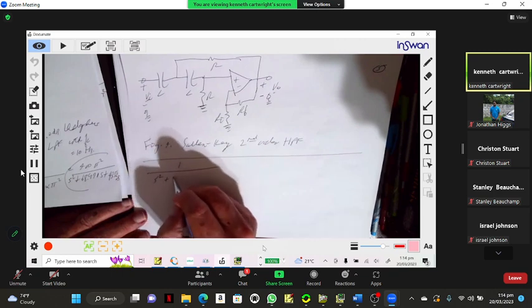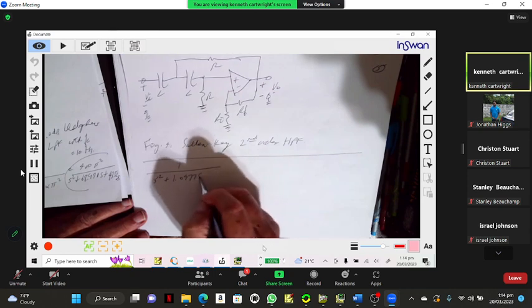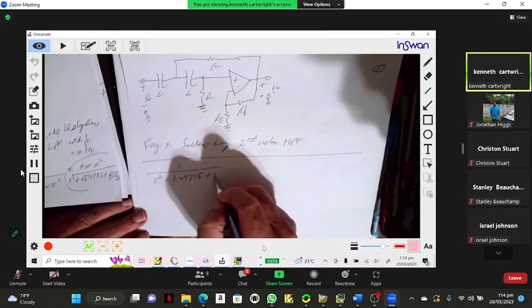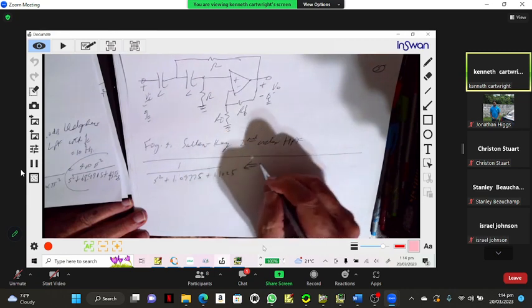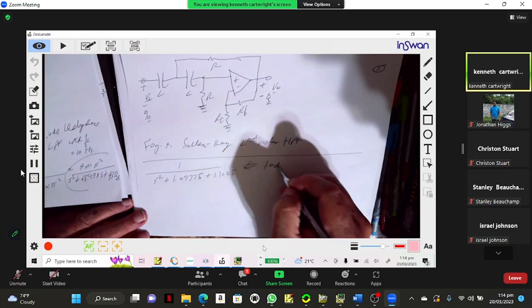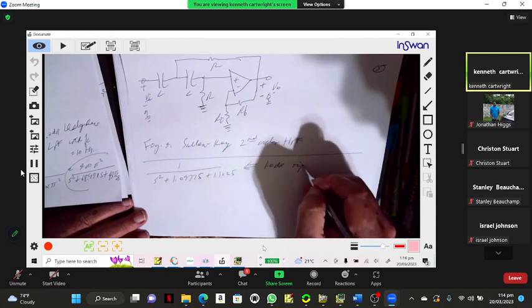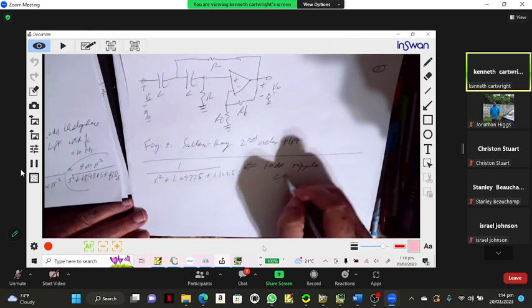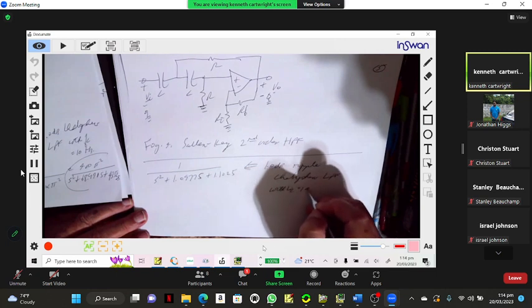This is the 1 dB ripple Chebyshev low pass filter with omega C equals 1 rad per second.